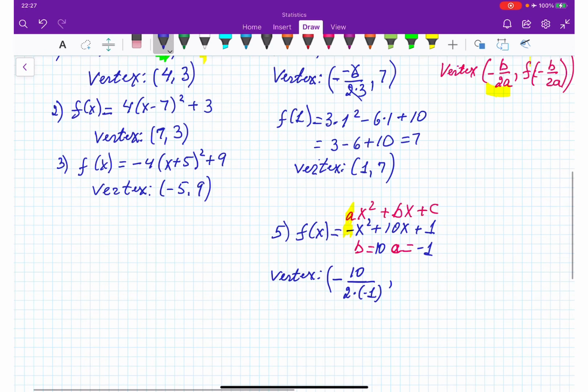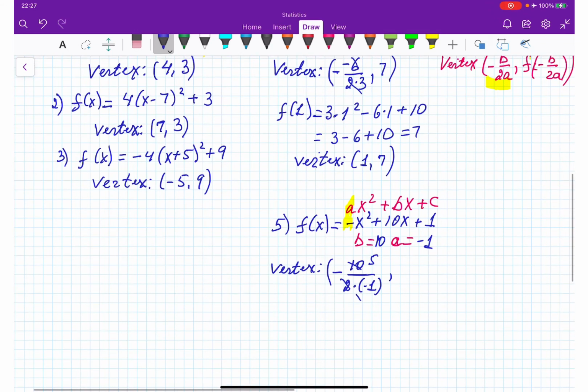So again, negative, negative gives me positive, and 10 over 2 is going to be 5. So I'm plugging in f of 5. It's equal to 5 times x squared plus, what am I doing? Hold on.